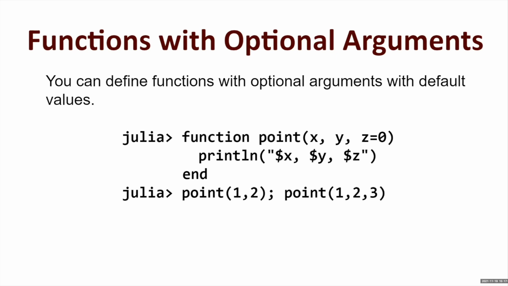I define my function point to take 3 inputs, but if you give me only 2 inputs, it's fine. I'll take your 2 inputs as x and y based on the position you have. The first one will be sent to x, and the second one sent to y. That's called a positional argument.